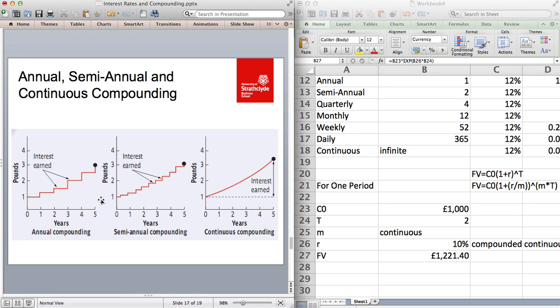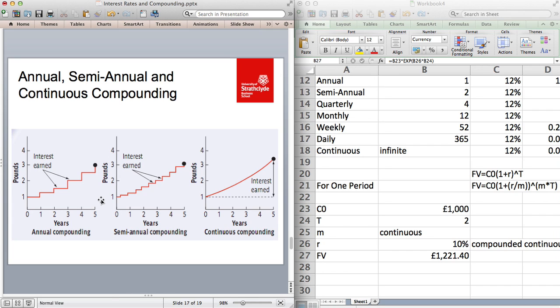And this is taken from a textbook. It's figure 4.9. Basically what I'm showing is that when you've got annual compounding, then everything gets compounded every year and you get the interest earned on an annual basis.